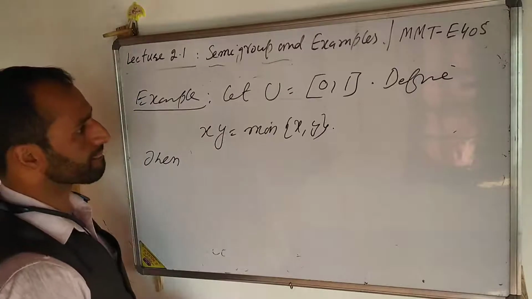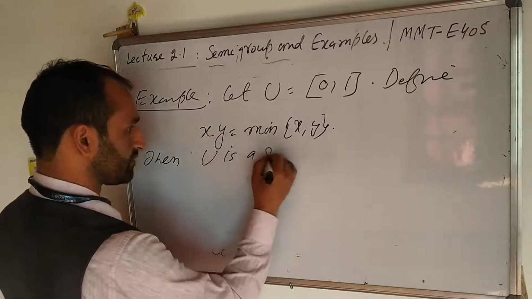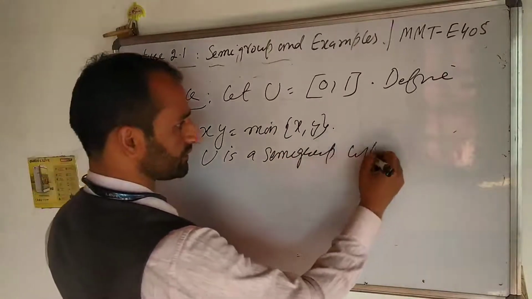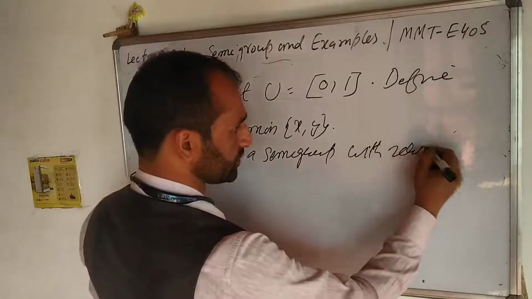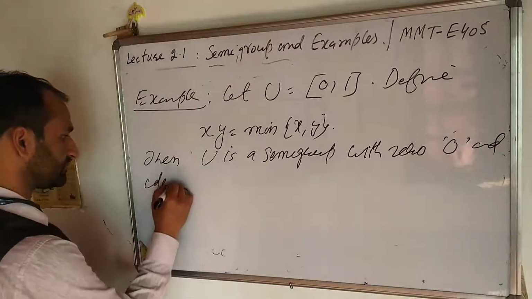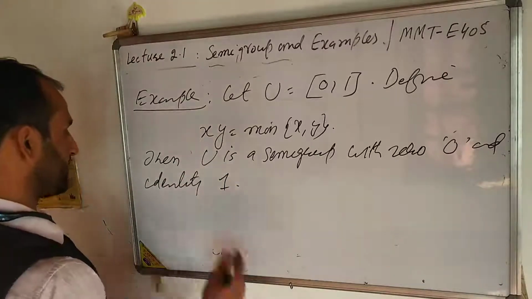Then U is a semigroup with zero 0 and identity 1.